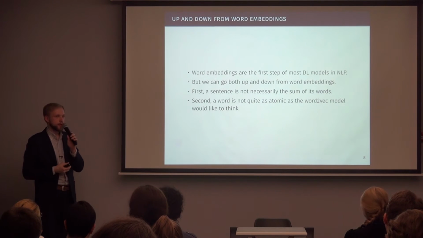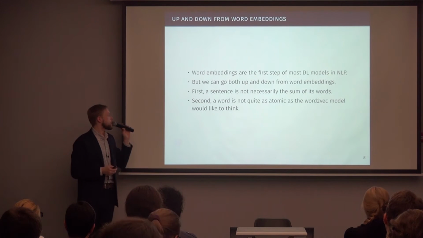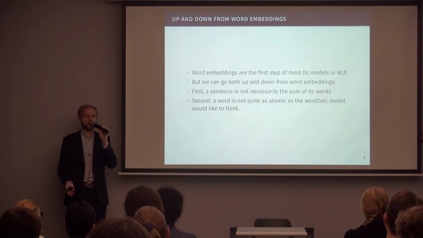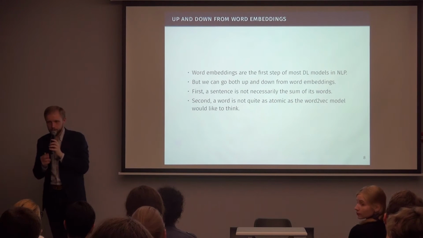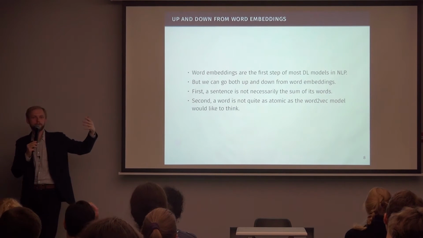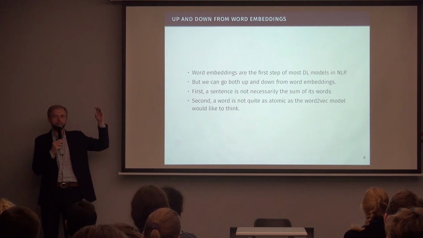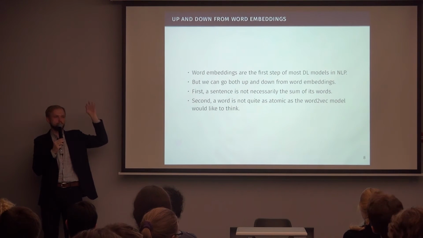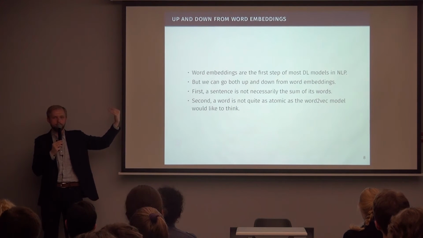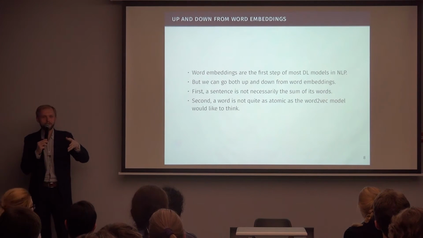And once we have these excellent word embeddings for individual words, as I already said in the beginning, we can go both up and down from the word embeddings. If we go up, we try to somehow compose the word embeddings into vector representations of sentences, clauses in sentences, paragraphs, short texts, tweets, etc. Probably you cannot compress War and Peace into a single vector.